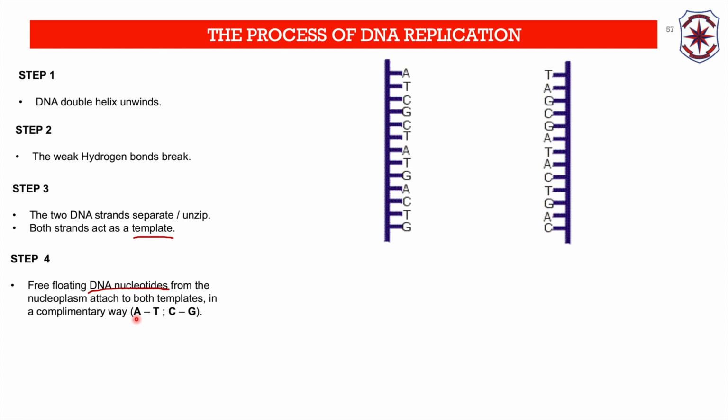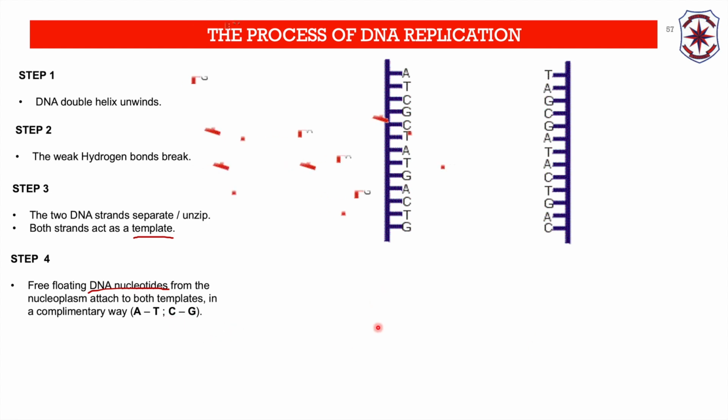So adenine is always complementary to thymine, and the car always parks in the garage. So cytosine is always complementary to guanine. Apple falls from the tree, meaning A goes with T, and the car parks in the garage, so C goes with G.